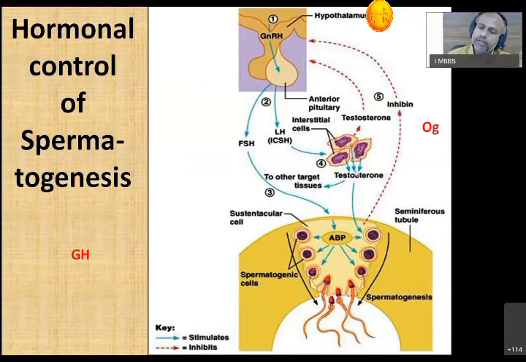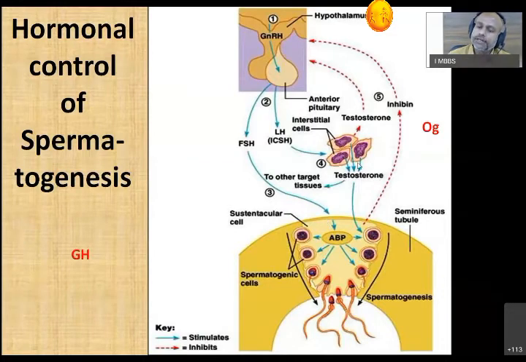I have told you that it just moves to the adjacent cell and binds to the androgen binding protein secreted by the Sertoli cell. That is the paracrine effect, and the concentration of testosterone in the seminiferous tubule is high by this paracrine effect.